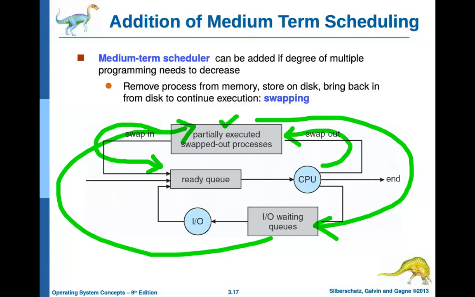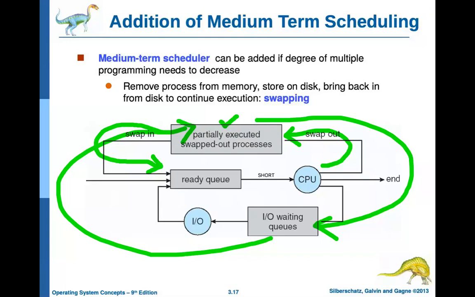Now the long-term scheduler will be here, which will take the processes into the system. So this decides the degree of multiprogramming.